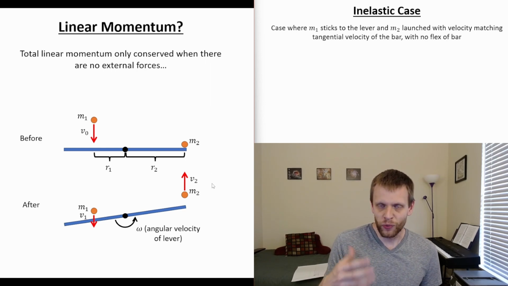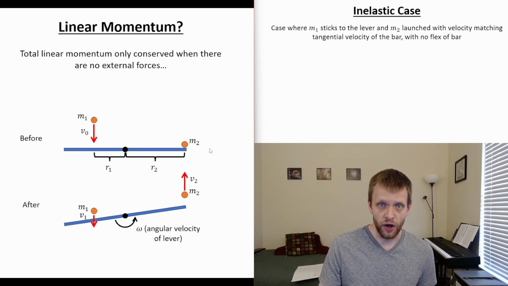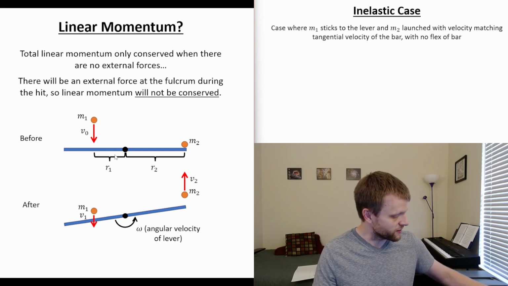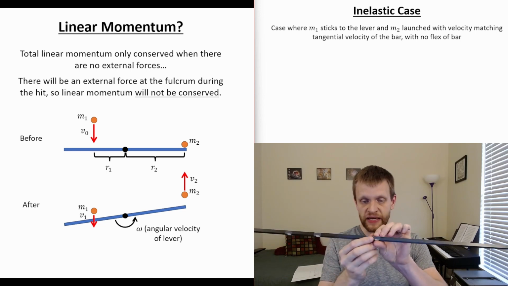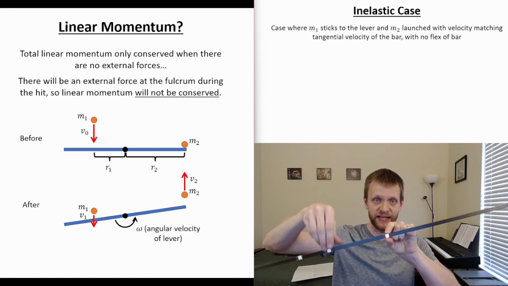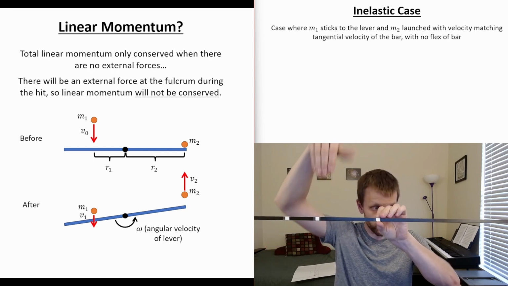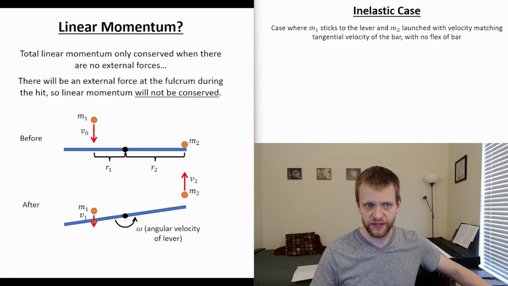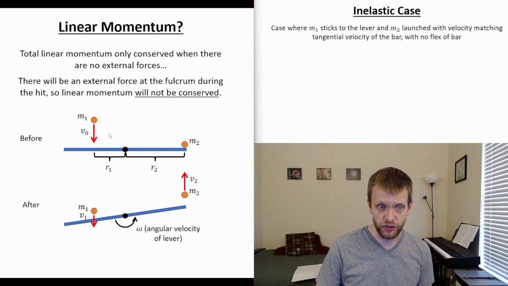So, in terms of linear momentum, it is not going to be conserved, because the total linear momentum is only conserved when there are no external forces, and there is necessarily going to be a force at the fulcrum point when that mass hits, otherwise the entire bar would just be knocked out of the way. So we do not expect the linear momentum to be conserved.